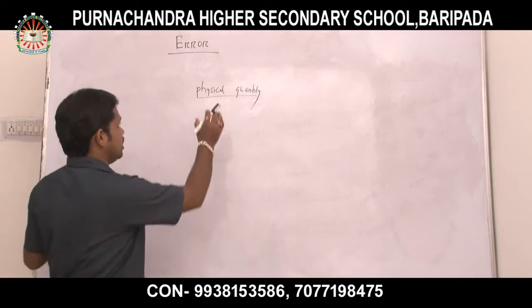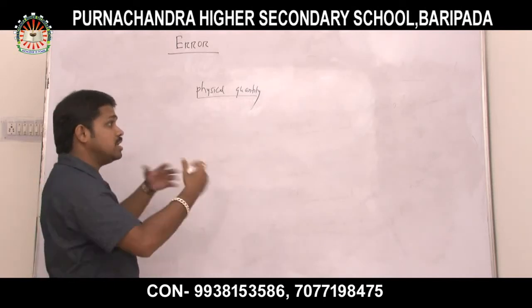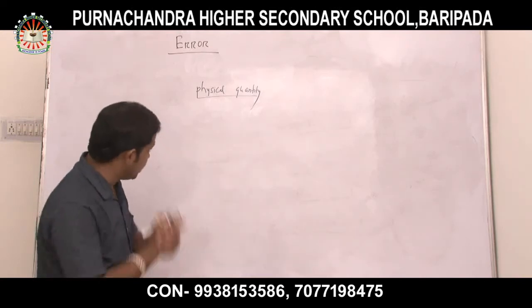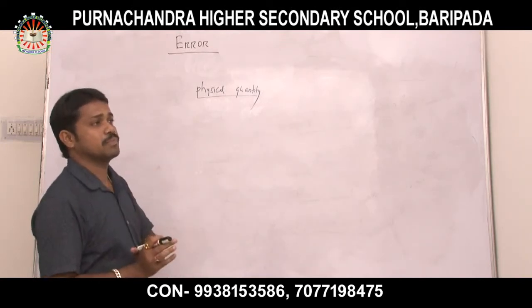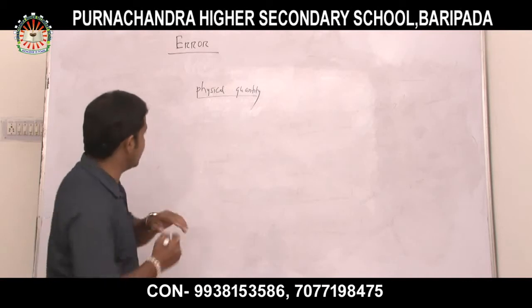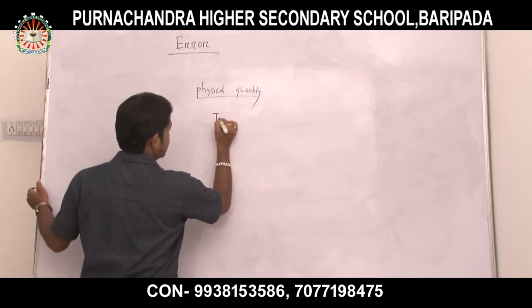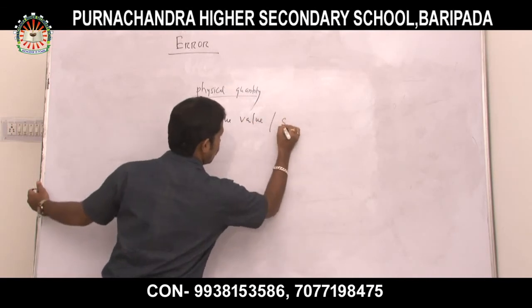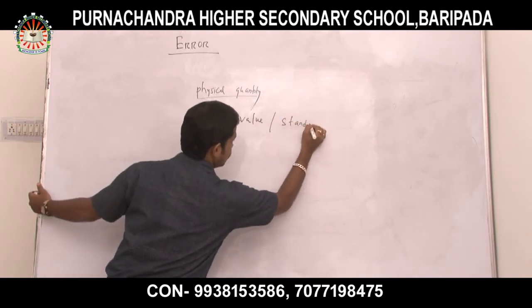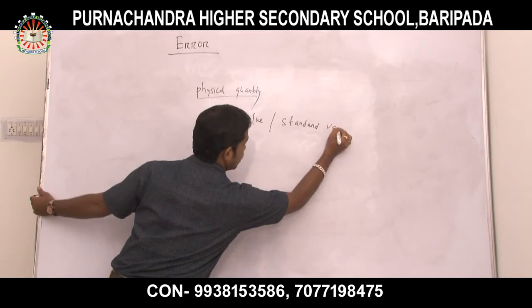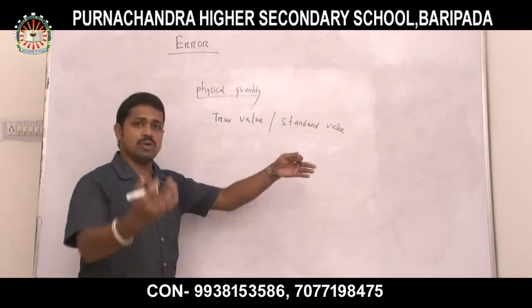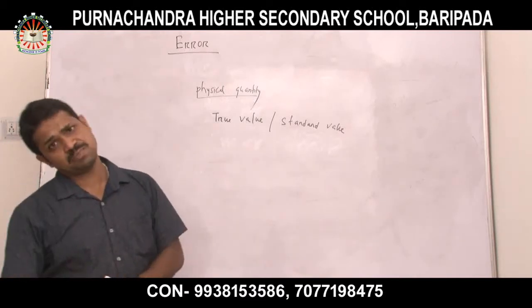We know that any physical quantity that is going to be analyzed or measured in the laboratory has a true value or standard value. Listen very carefully. Clear? That is already given to us. A true value or standard value is given to us before performing that experiment.